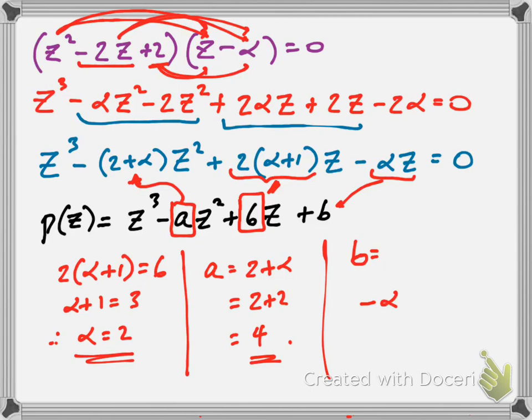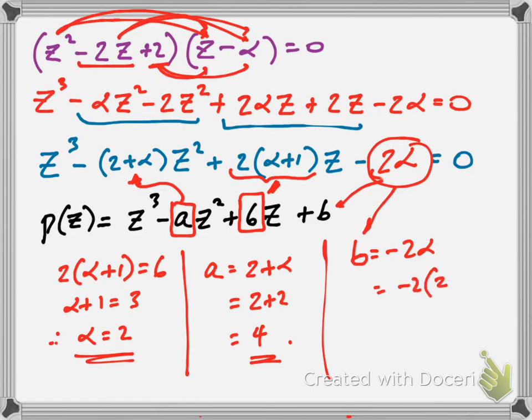This is minus 2 alpha, I'll change that to minus 2 alpha, and that is equal to b. So b is equal to minus 2 times alpha, which is 2, which makes it minus 4. Therefore, the question had said find a and b, and a is equal to 4 and b is equal to negative 4, and there you go.